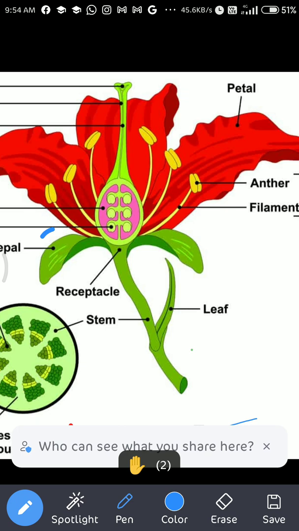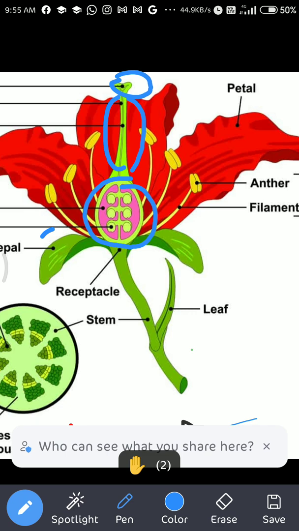So here the uppermost part, the flattened part of the pistil or the gynoecium, is known as stigma. It's divided into three parts. The upper part is the stigma, and then this slender structure is called style, and this swollen part of the pistil where ovules are visible is known as ovary.